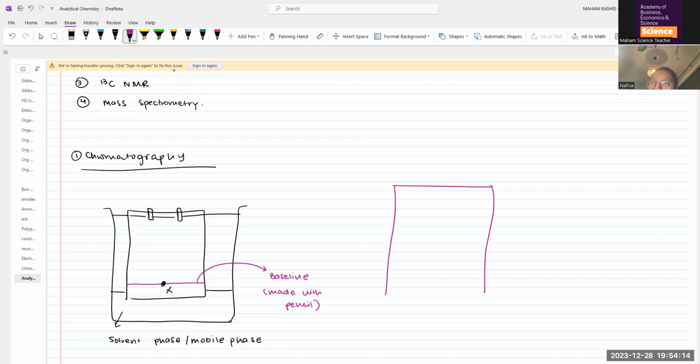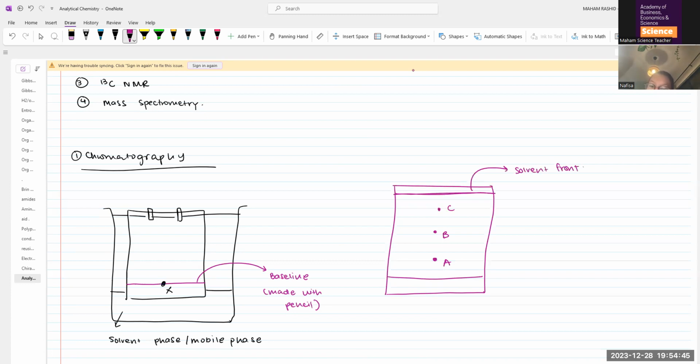Now, when you're done with the whole chromatography process, all the components of your solution are separated according to the retention factor or the retardation factor, right? We'll get into what that factor means. But for example, you have A, B, and C separated here. The line till where your solvent actually travels is called the solvent front.